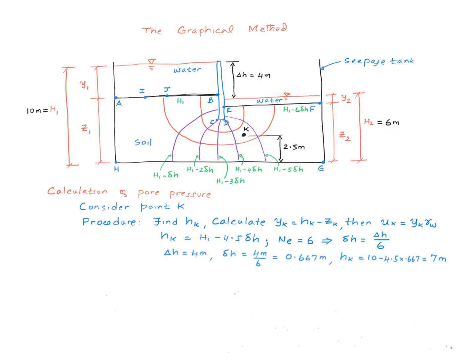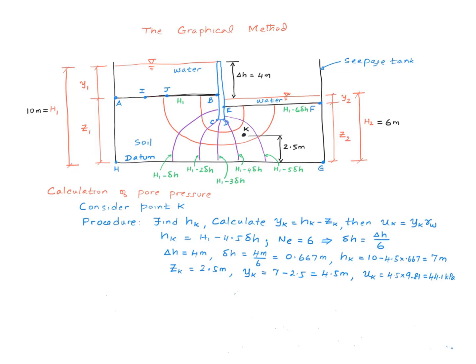So using these numbers, I get a total head of 7 meters at point K. This distance is given as 2.5 meters, and therefore the elevation head is 2.5 meters. This leads to a value of 44.1 kilopascal for the pore water pressure at point K. So this is the general procedure for calculating the pore water pressure whenever there is water flow in soil.